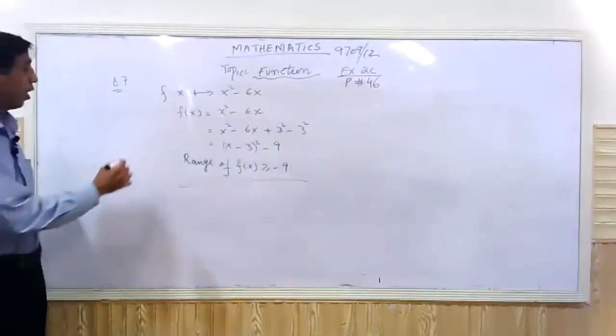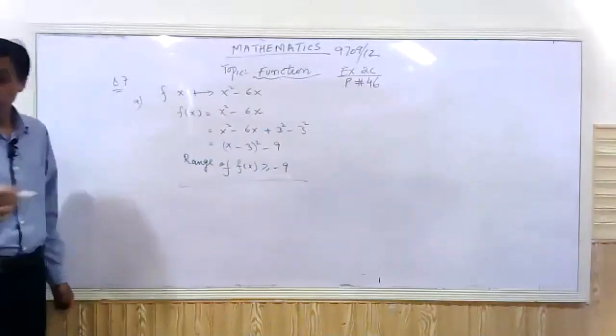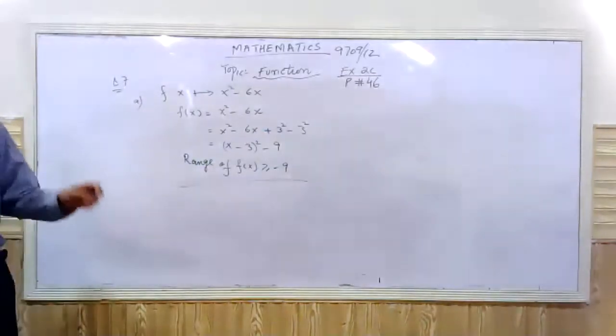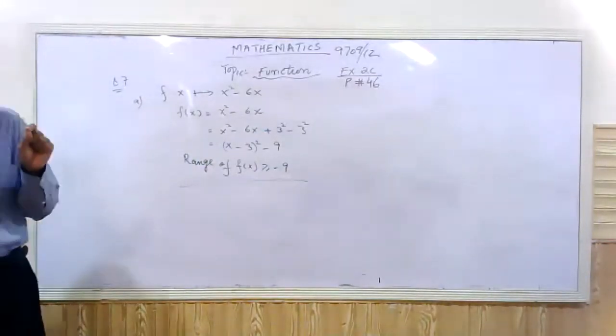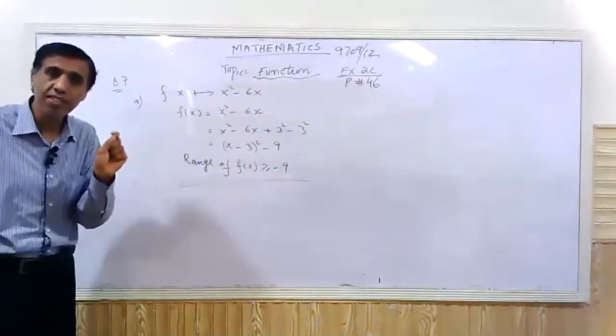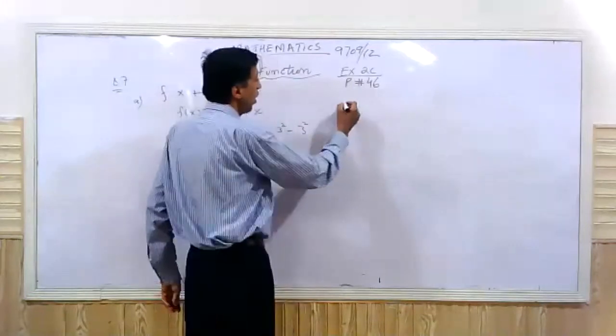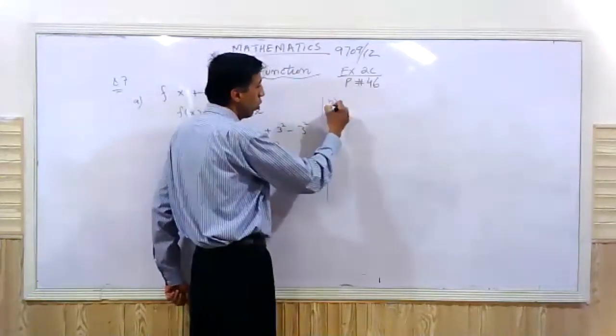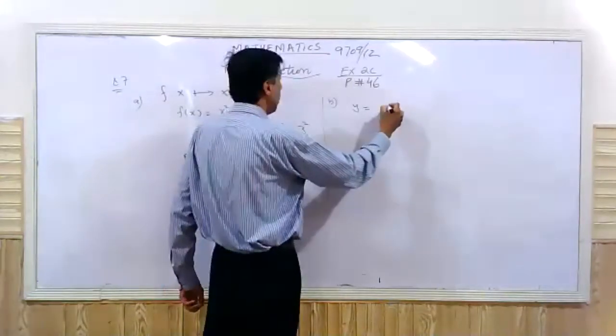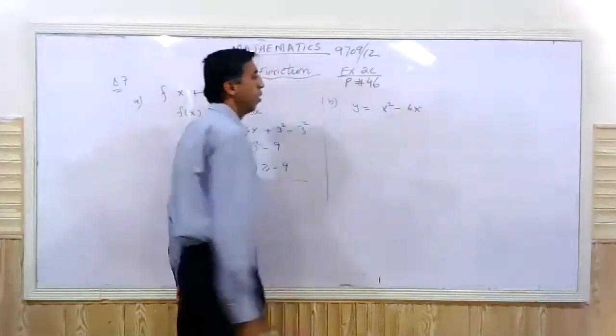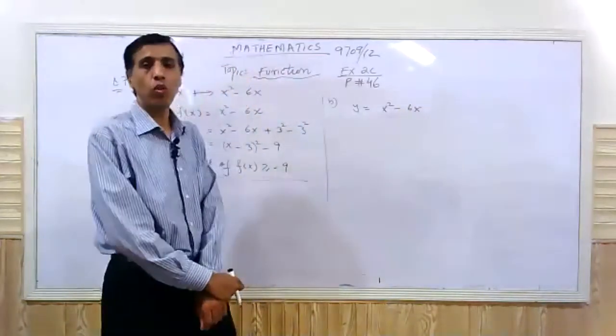Now in the second part, I have to state with a reason whether f has an inverse or not. For this, what I have told you, f of x is equal to y. y is equal to x squared minus 6x.